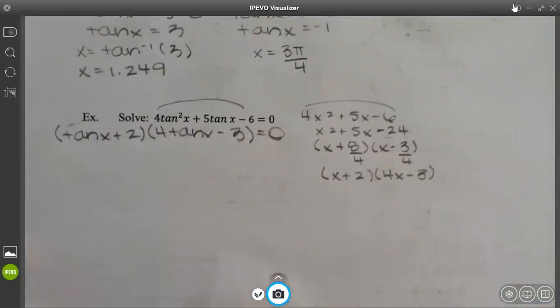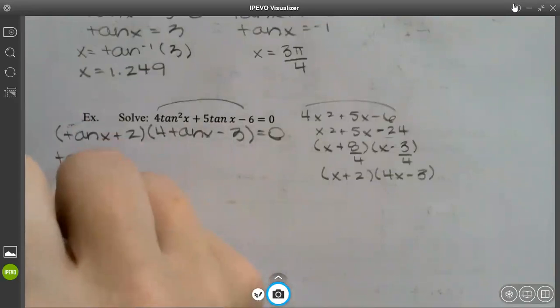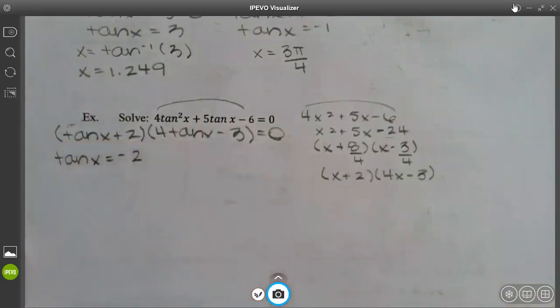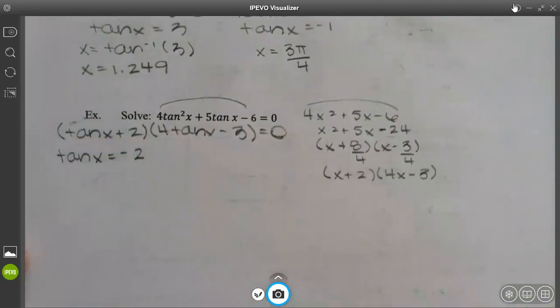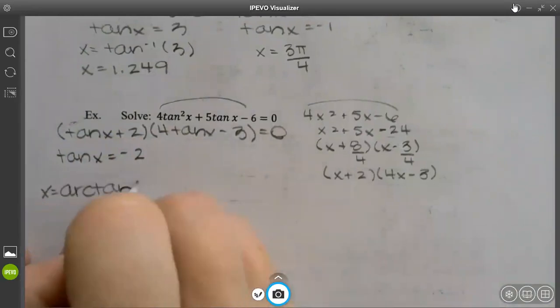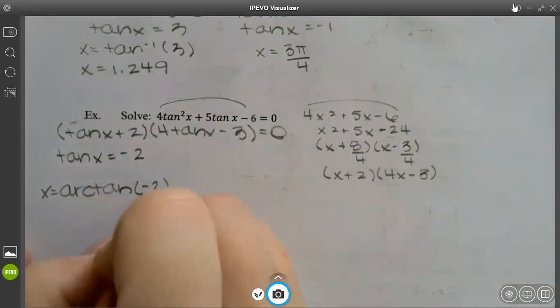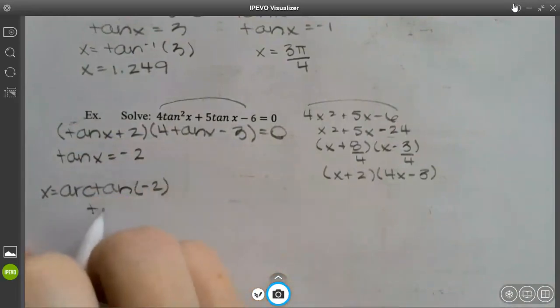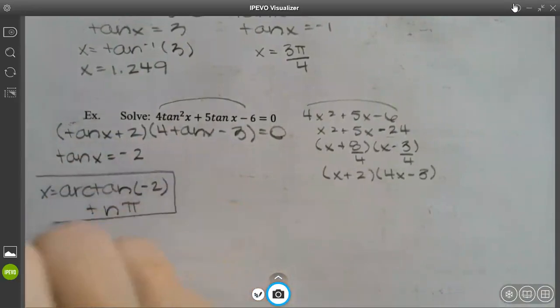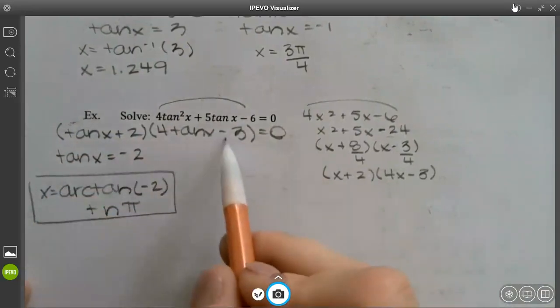What would I do to the first one? Is there anywhere on the unit circle that I would get tangent as -2? No, so listen, you can go ahead and write it out. Arc tan -2, how do I make it general? Plus n pi, that's your first one. How do I solve this for tan?